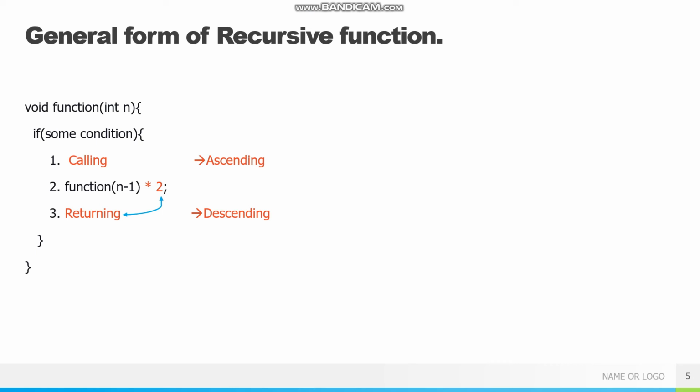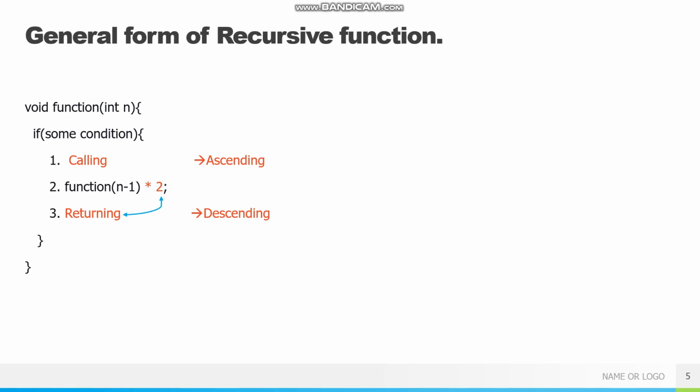Like we have seen, the output for the second example is 1, then 2, then 3. If we remember that in the returning phase the output becomes 1 to 3, likewise, if we multiply by 2 in the returning phase, first it will be multiplied by 1, then 2, then 3.